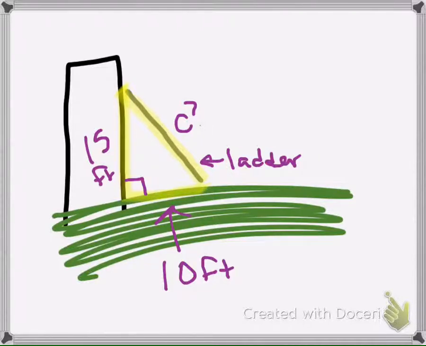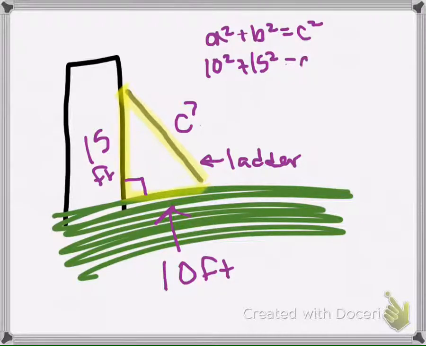So you would say a squared plus b squared equals c squared. 10 squared plus 15 squared equals c squared. 10 squared is 100 plus 15 squared is 225 equals c squared. This is when that perfect squares list comes in handy.